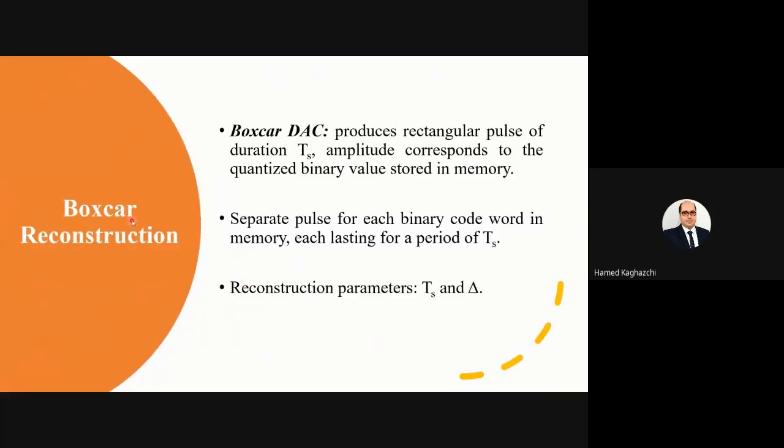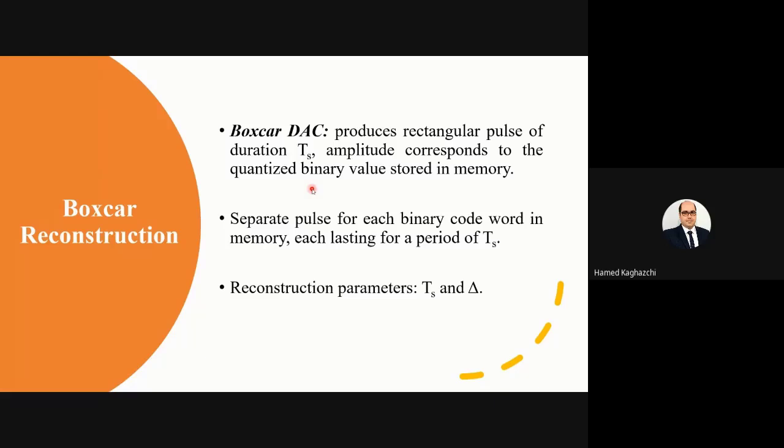Okay, let's talk about boxcar reconstruction. In boxcar reconstruction, we suppose that we can produce a rectangular pulse for the same sampling period that we used to convert from analog to digital. Now, the amplitude corresponds to the quantized binary value that we produced in the previous section, which can be stored in memory.